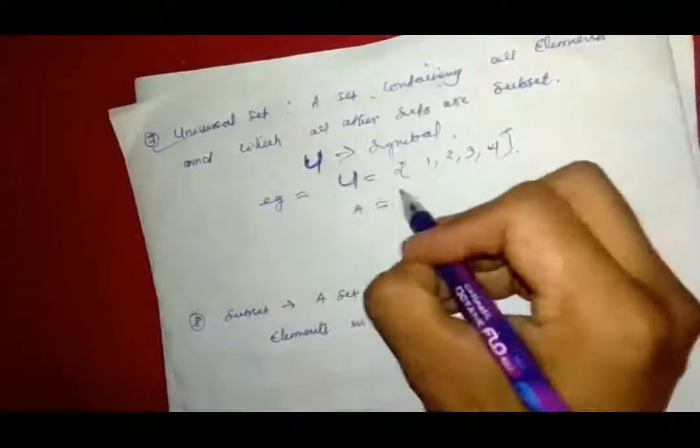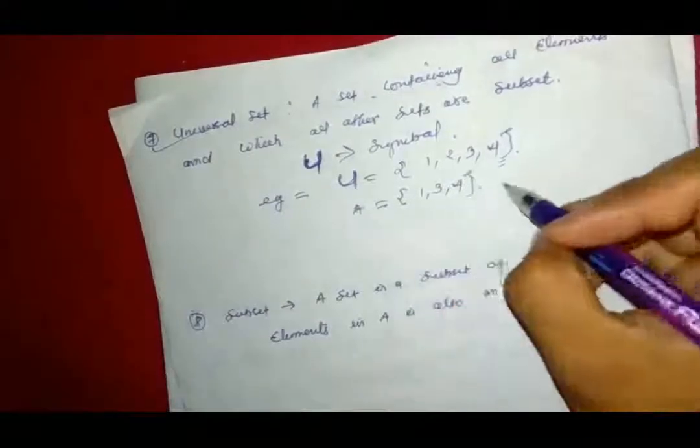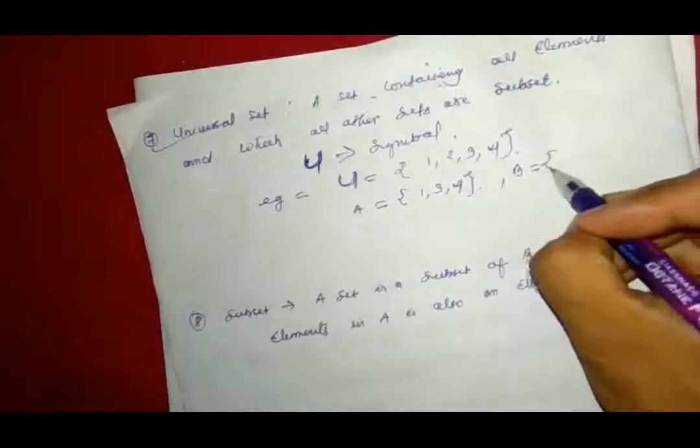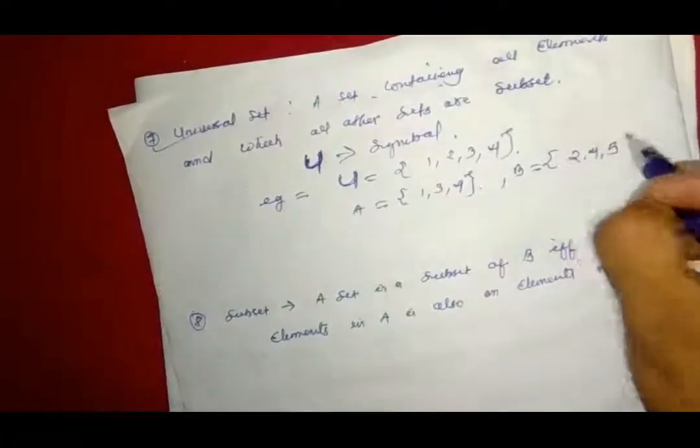Set A contains 1, 3, and 4, and set B contains 2, 4, and 5.